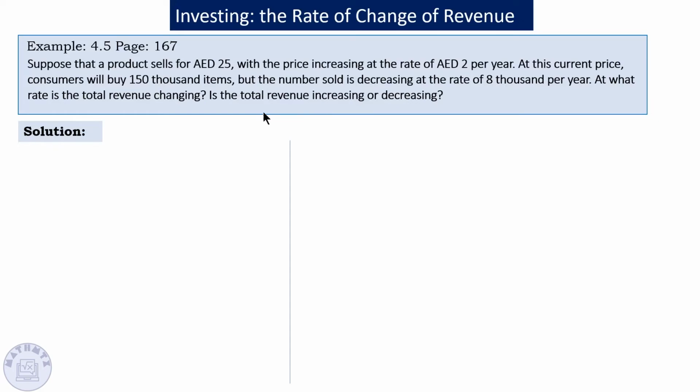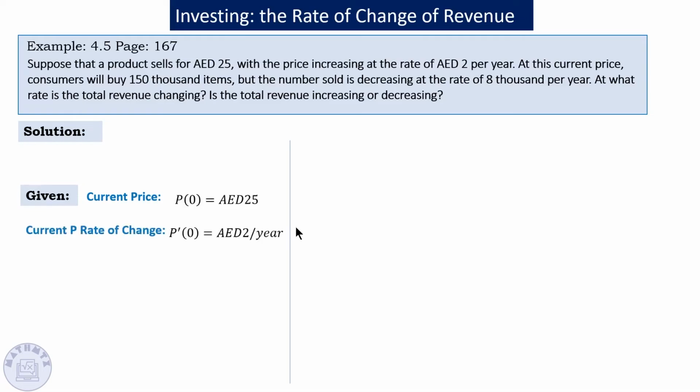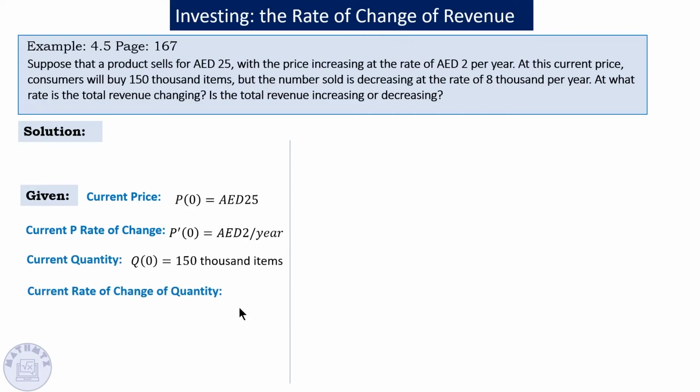So now I can express the revenue as the price times the quantity. Again, let's write what's given here: the current price, the derivative of the price or the rate of change, the current quantity, and the rate of change for the quantity. When I say negative 8, it's because it's decreasing; if it were increasing, it would be positive, just like the slope.